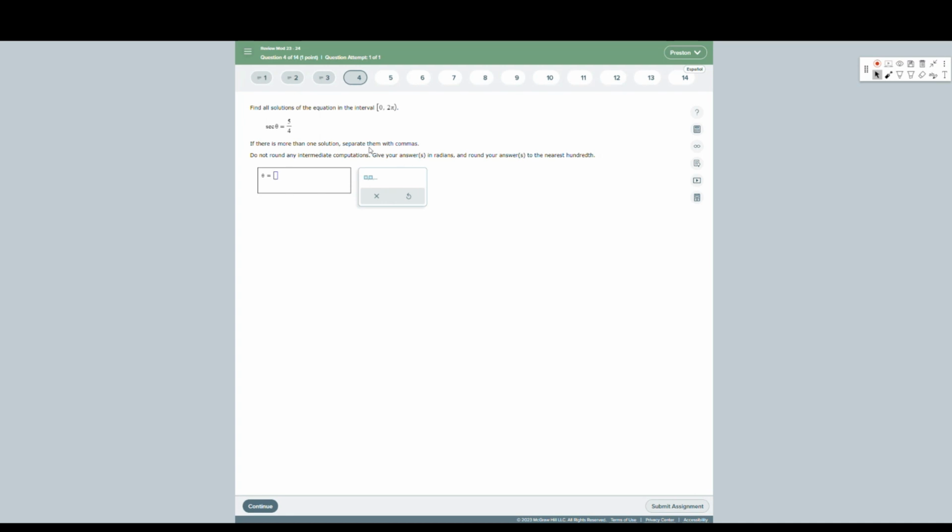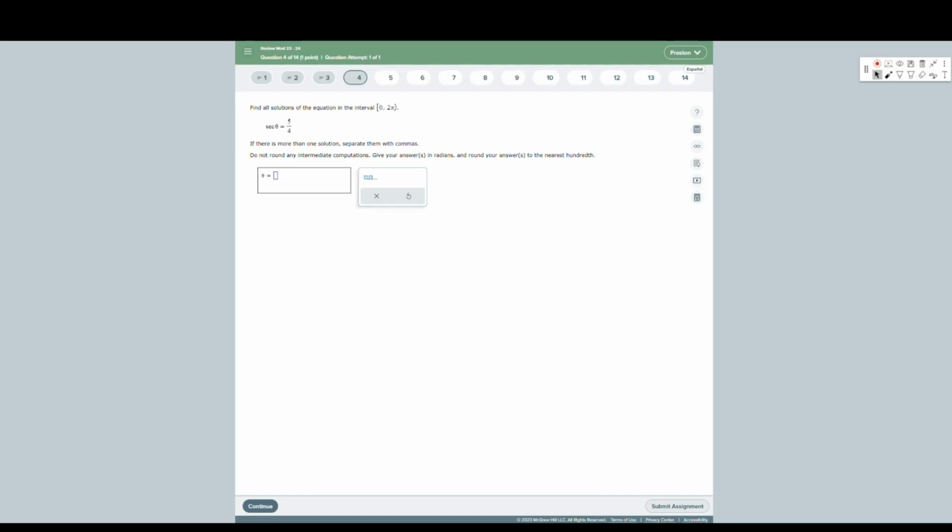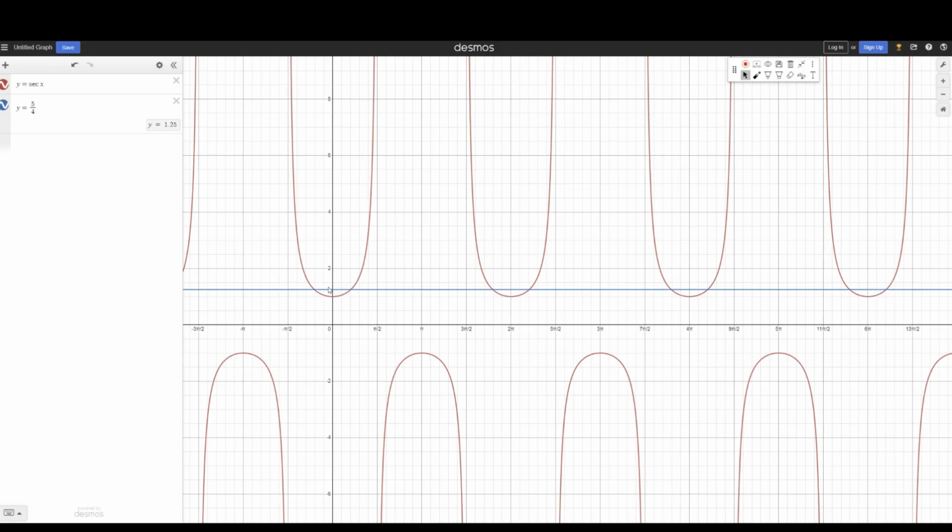Once again, this one's just graphing with the DESMOS calculator. You plug in y equals secant of theta, y equals 5/4, and we are not going to get exact answers. We're going to get decimal answers and round to the nearest hundredth. So here, once again, between 0 and 2 pi, we're going to go to where our lines intersect.